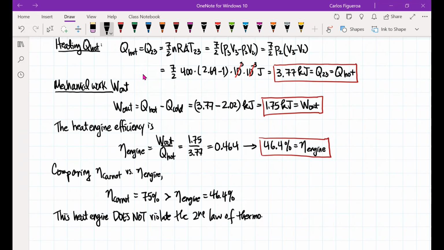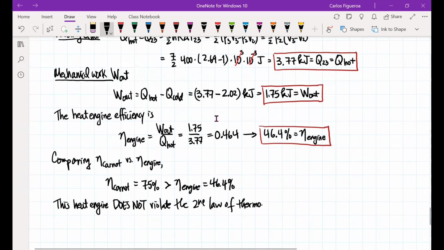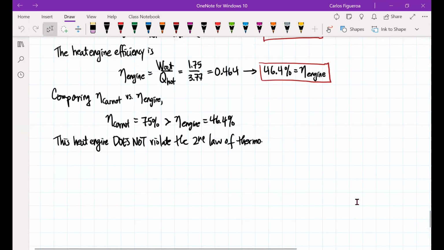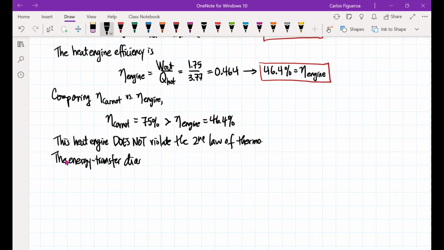So then the last thing that we should be looking at is what does my system look like then. So if I look at my heat engine, my energy transfer diagram, it reads something like this. So I have a hot reservoir. Let's go from here.